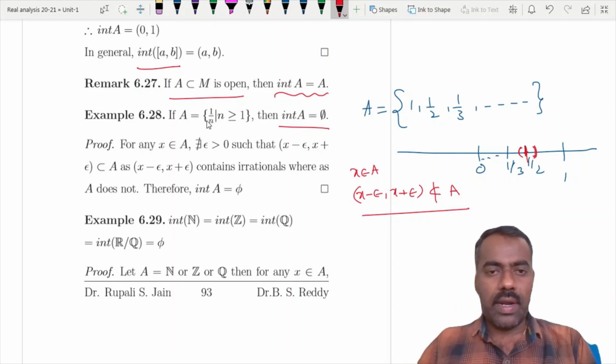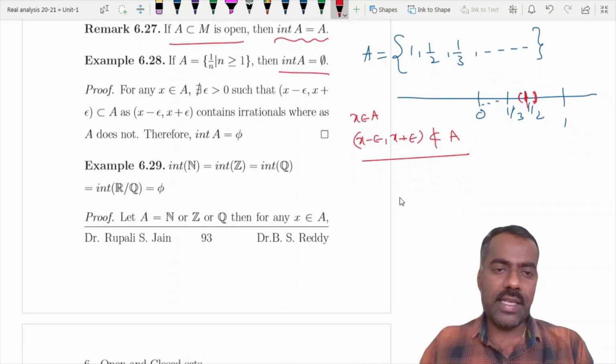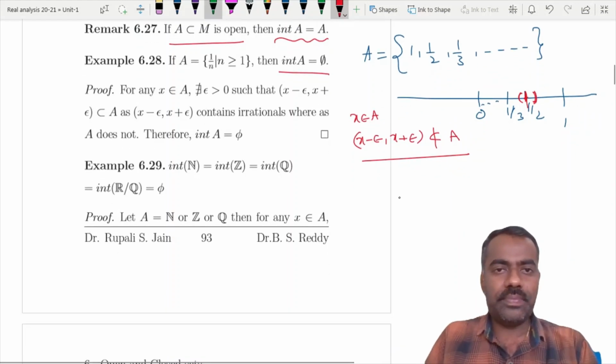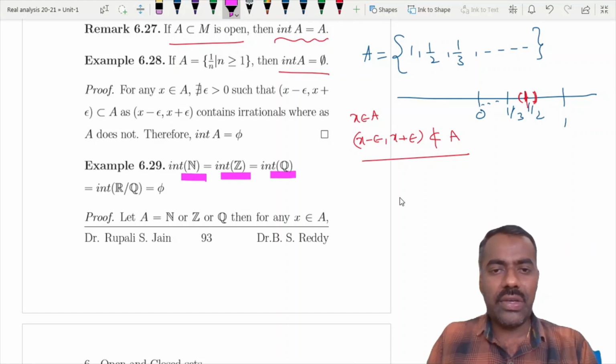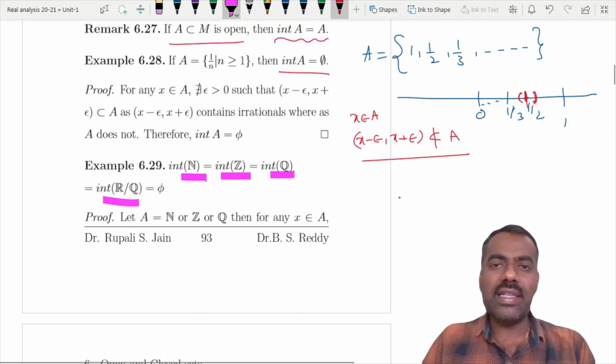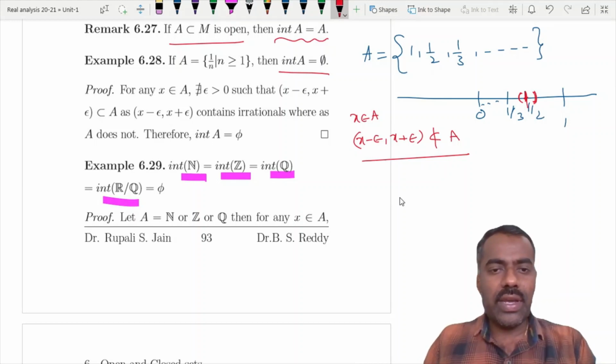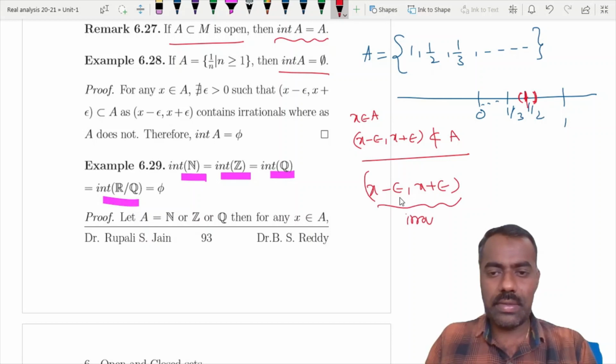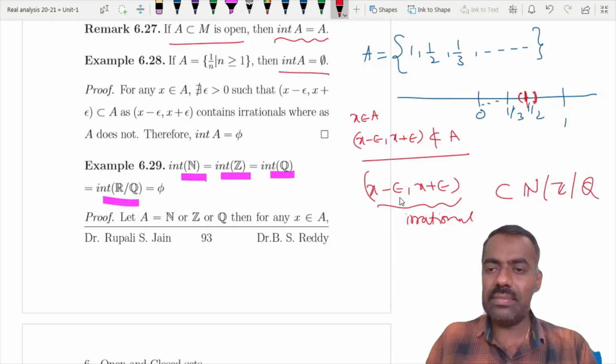Not only this, if you apply that logic, then for N, Z, Q, and R minus Q, the irrationals, for all these the interior is an empty set. Why? You can argue for N, Z, Q the same way we did here. If you take any x minus epsilon and x plus epsilon, they contain irrationals, whereas N or Z or Q do not contain irrationals, right?